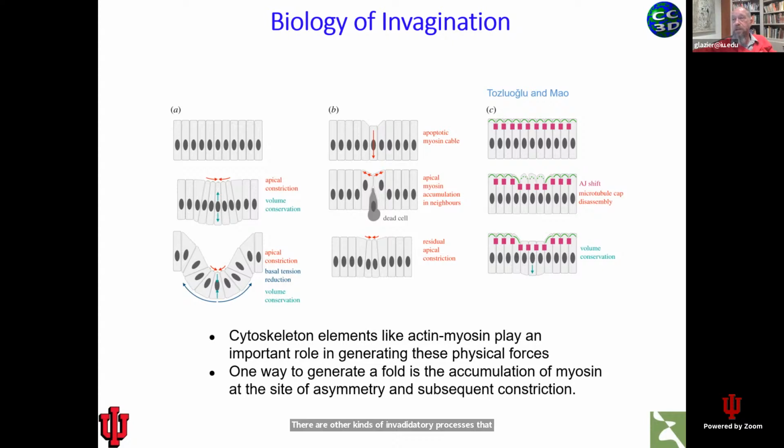You could have cells disappear by dying, for example, being extruded. And you could also have changes in the microarchitecture of the cells, which are in the microtubules rather than the actin filaments. But this arch formation here on the left is the classic invaginatory process.